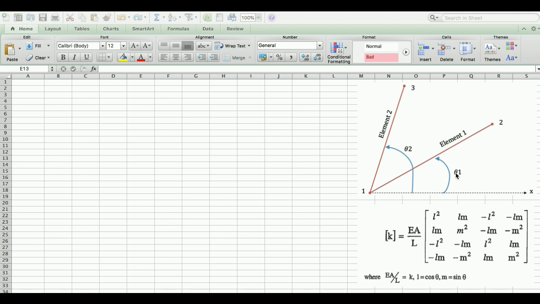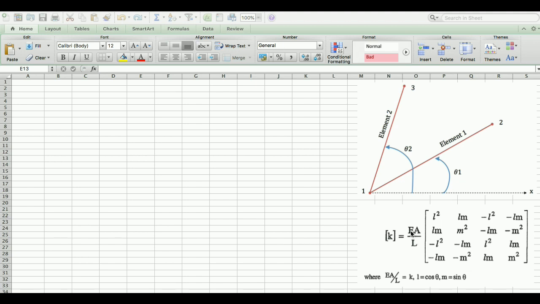Theta 1 and theta 2 are the angles between element 1 and element 2 and the x-axis, counterclockwise, otherwise it should be negative. The stiffness matrix for a truss element can be seen at the bottom of the page.